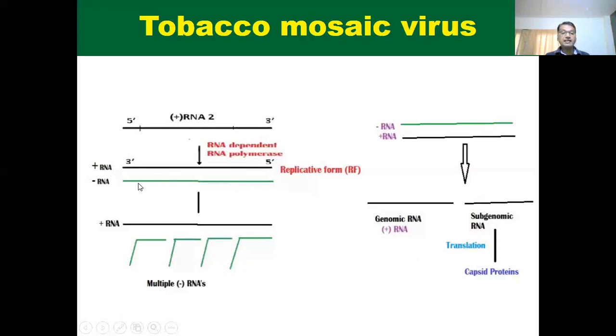So that RNA is called as negative RNA, and this total structure is called a replicative form of RNA. तर या याच्यापासूनच रिप्लिकेशन होणार आहे पुढे. This is called replicative form of RNA, and from this replicative form here multiple copies of RNA are formed. Okay, हा कोणता RNA आहे? This RNA is what? Negative strand RNA.